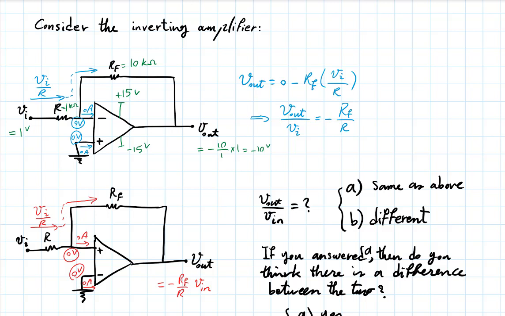Now imagine there is a burst of noise somewhere, electromagnetic noise, that comes in and momentarily increases the value at the negative input.